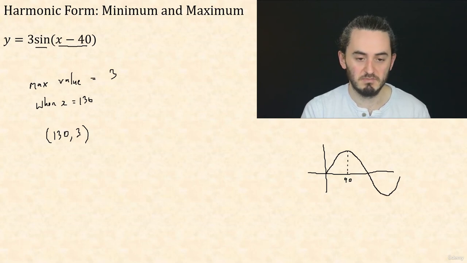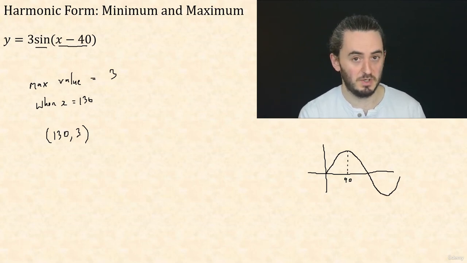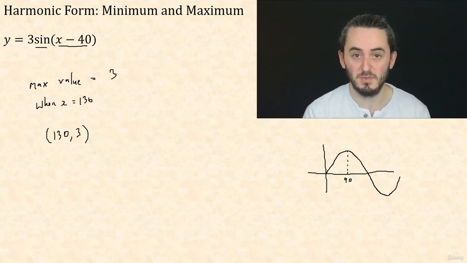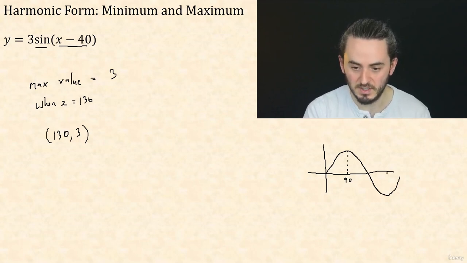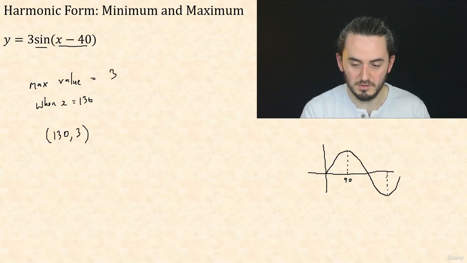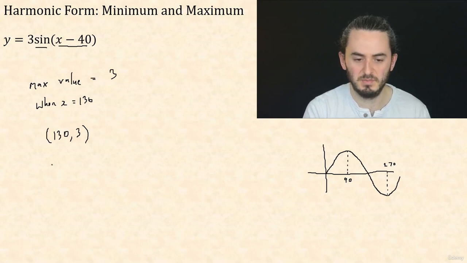So, key idea, when you've got your function in harmonic form, it's very easy to spot what the max or indeed min value is. In fact, we can find out what the minimum value is by just thinking that's going to happen when, on the normal sine graph, x is 270. So I just need the stuff inside the bracket to be 270.